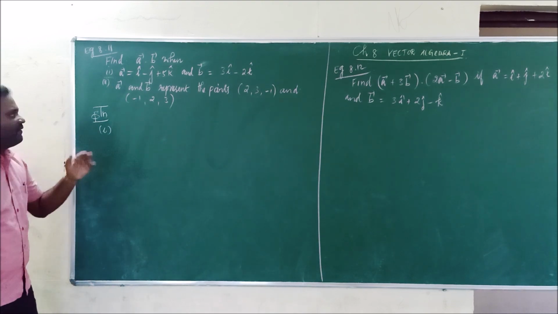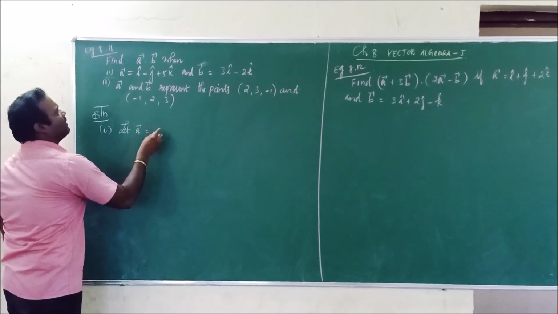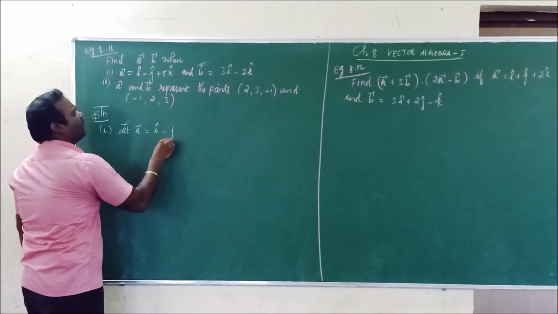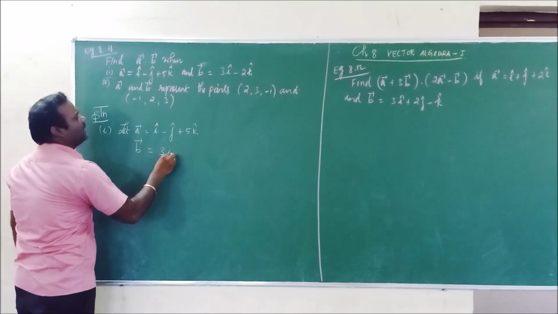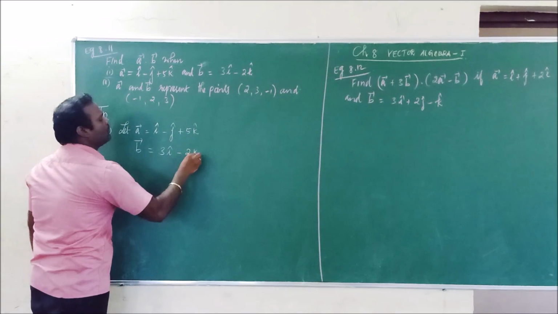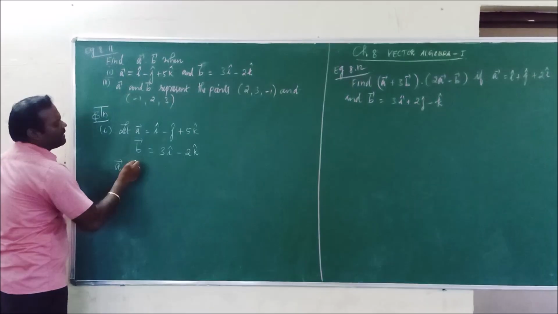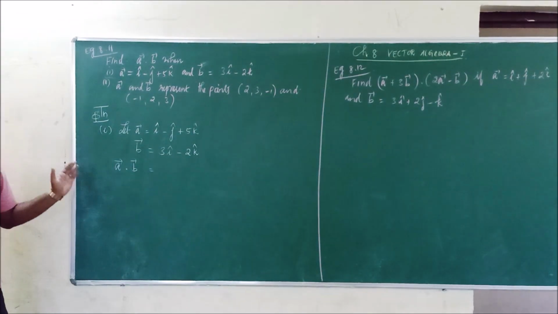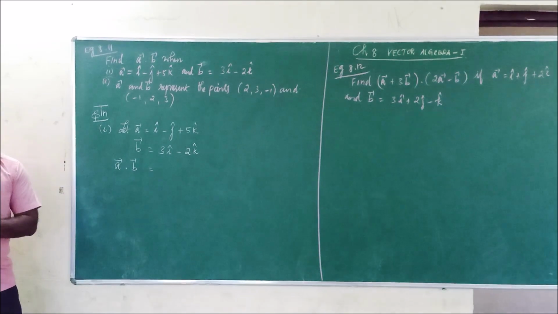First, let me take the given vectors. Let us take A vector equal to I cap minus j cap plus 5k cap, then B vector equal to 3I cap minus 2k cap. Now we are going to find A vector dot B vector. In the last properties I have given you how to find the dot product.